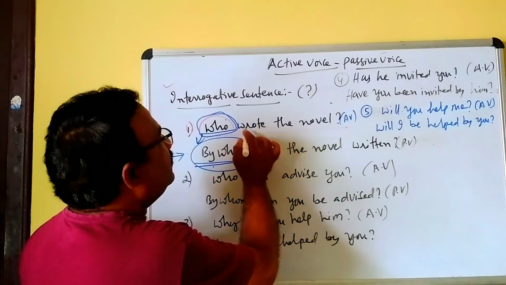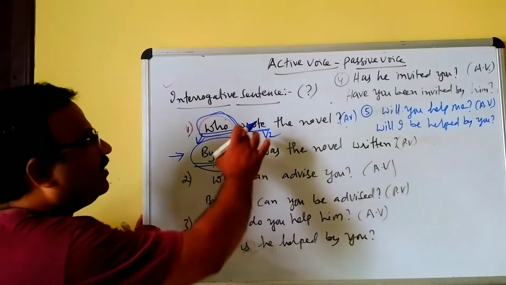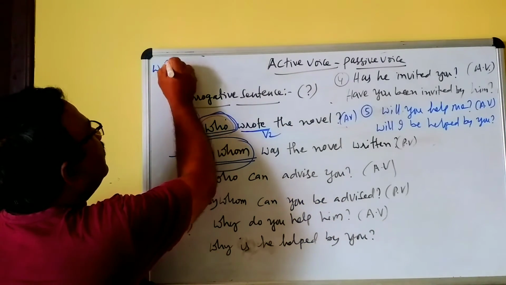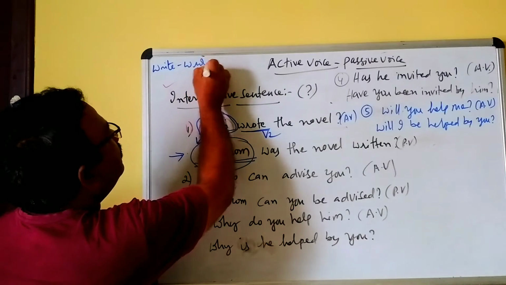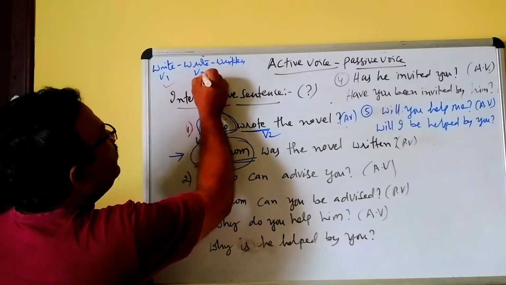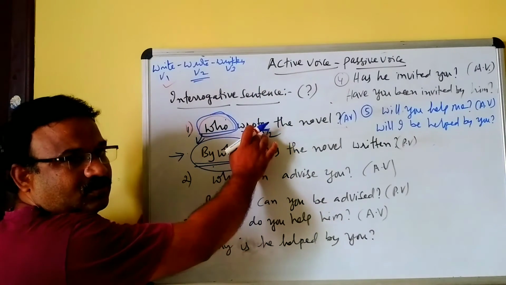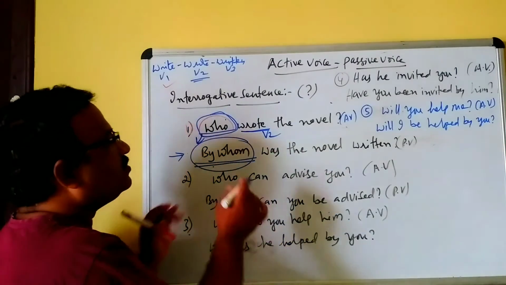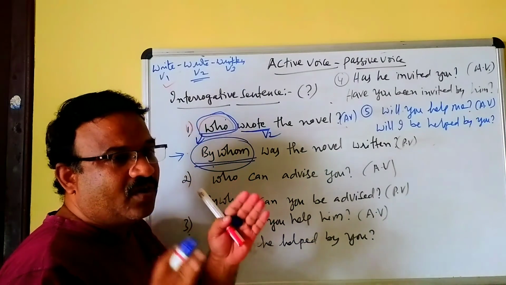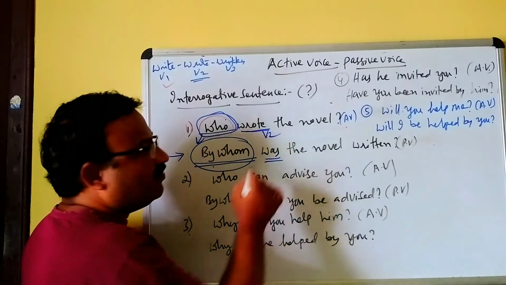And wrote, this is V2. Write, wrote, written. V1, V2, V3. So here wrote is V2. So the be form verb for V2 is was or were.